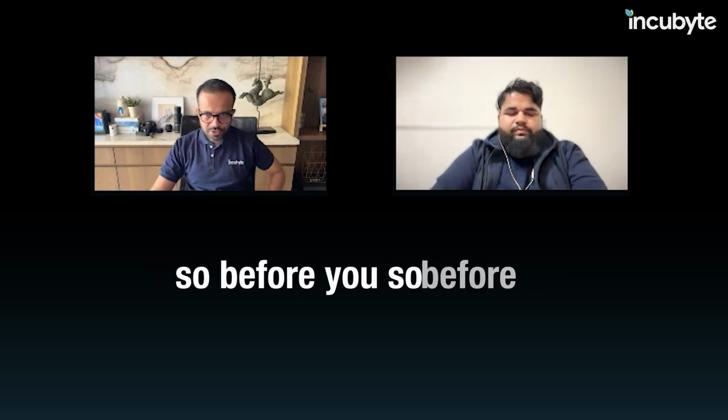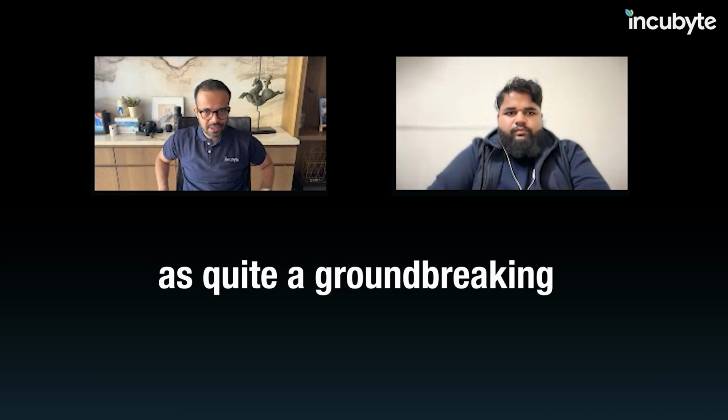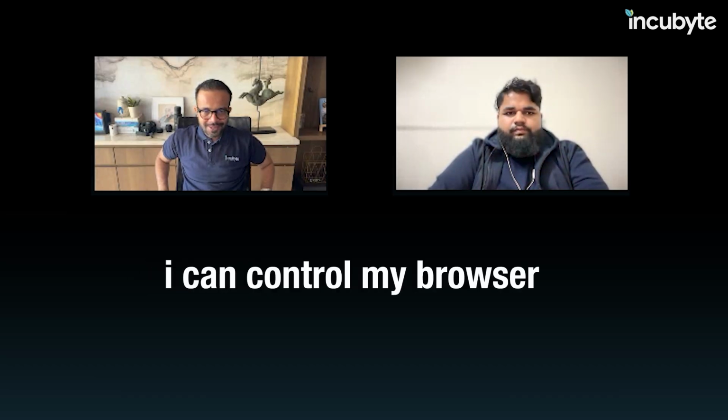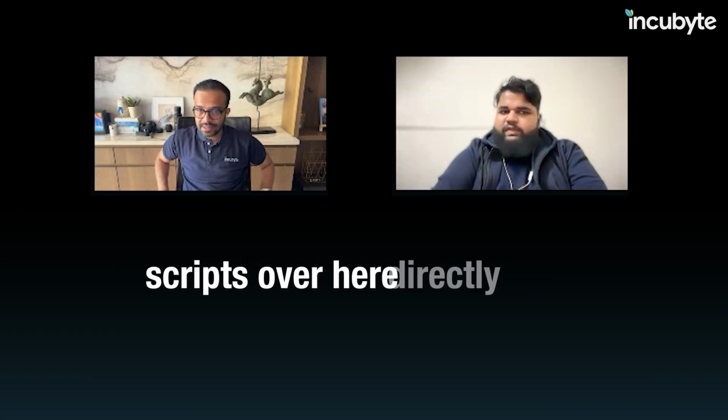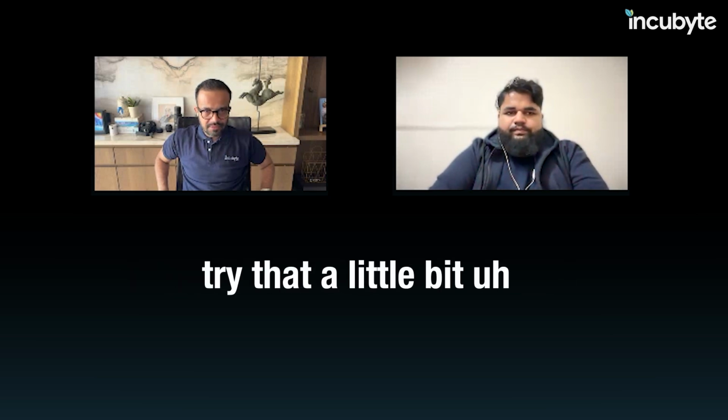Okay. So before, you know what, I may have an answer to how that little bit slow thing we can take care of, but I already see it as quite a groundbreaking thing because what I can already imagine is that I can control my browser. I can tell it to do things as if it was automation. I'm assuming I can just put my Gherkin scripts over here directly and tell it to go visit URLs and do things. I'd definitely like to try that when I get a chance.